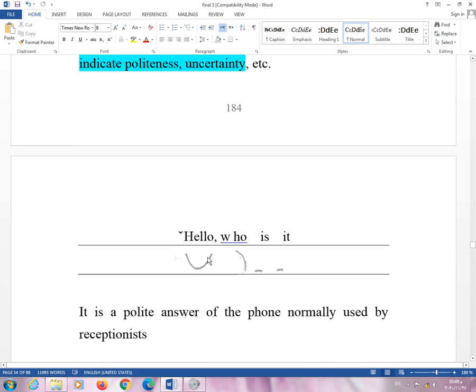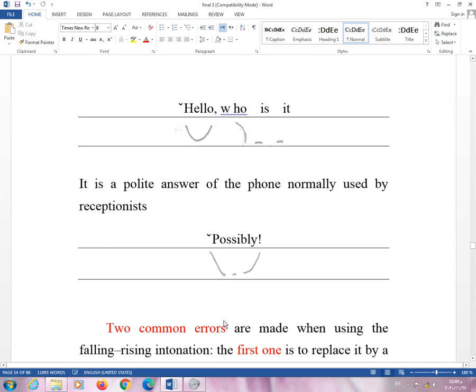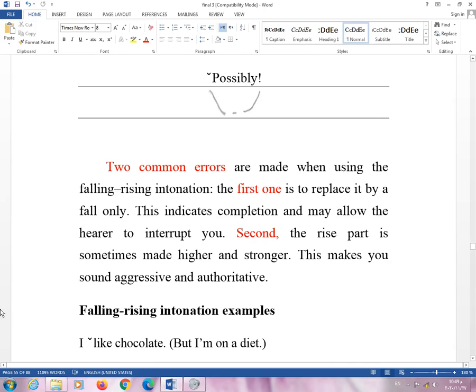For example, hello, who is it? We use this to indicate more politeness and so on. Possibly, and also to indicate uncertainty, possibly. Here we have two main errors our students usually make as far as this tone is concerned. First, they replace it with only fall, okay?